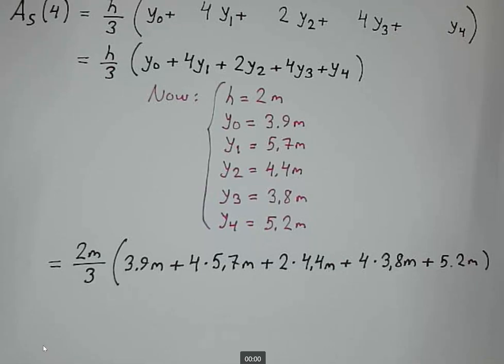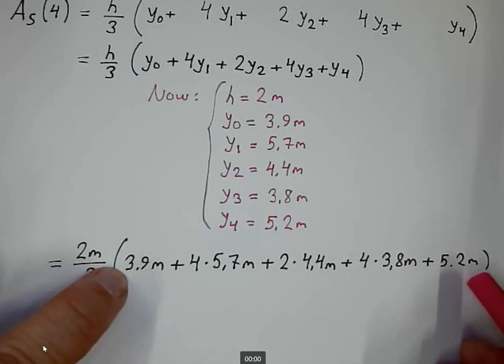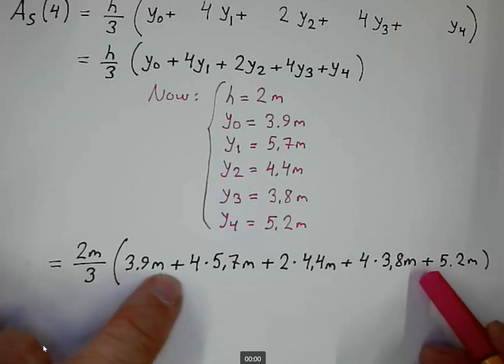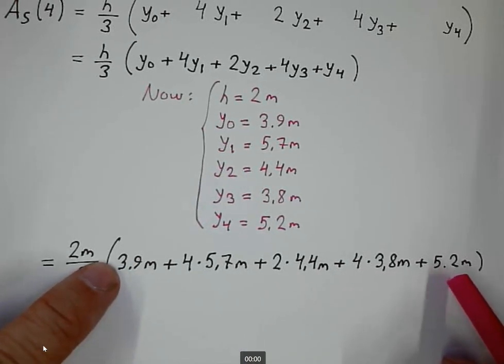Always when you use this Simpson formula, check that the expression went correctly. It should be symmetrical, so that if you start from the left side and the right side and move to the center, you should get the same factors there.